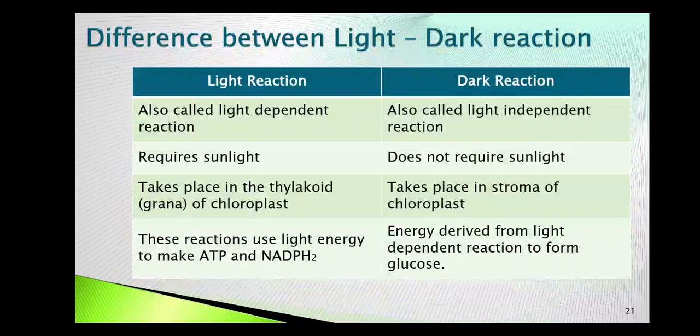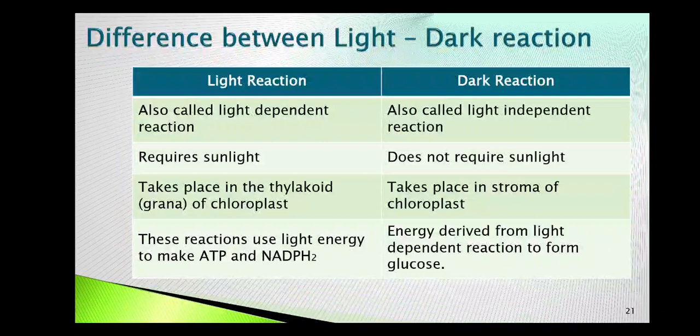Now we'll see the difference between light and dark reaction. Light reaction is also called the light dependent reaction, whereas dark reaction is also called the light independent reaction. Light reaction requires sunlight, whereas dark reaction does not require sunlight. Light reaction takes place in the grana of the chloroplast, whereas dark reaction takes place in the stroma of the chloroplast.